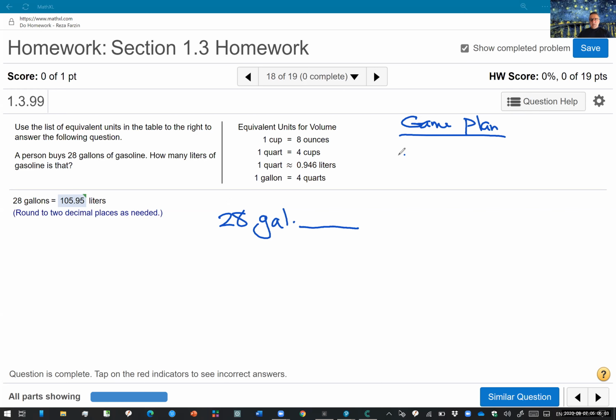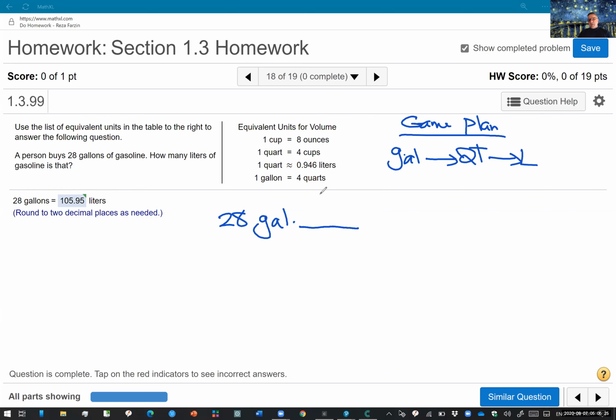Well, here's the game plan. We're going to go from gallons to what first? Quarts. Exactly. And then we're going to go from quarts to what? Liters. Exactly. And the way we're going to do it is using a really nice concept called unit factors.